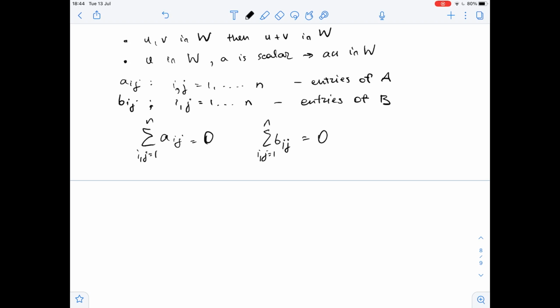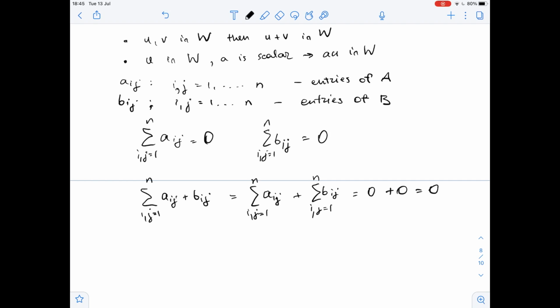In this case, let's consider the sum of entries in A plus B. The sum of entries of A plus B is the sum of Aij plus Bij, where i and j go from 1 to n. By using the summation property, it equals the sum of Aij plus the sum of Bij, and it equals 0 plus 0, so it's 0.